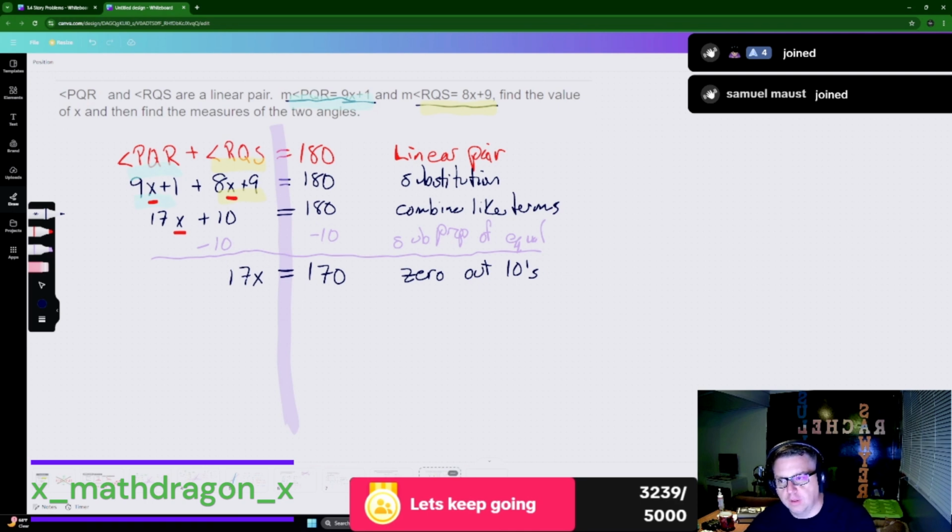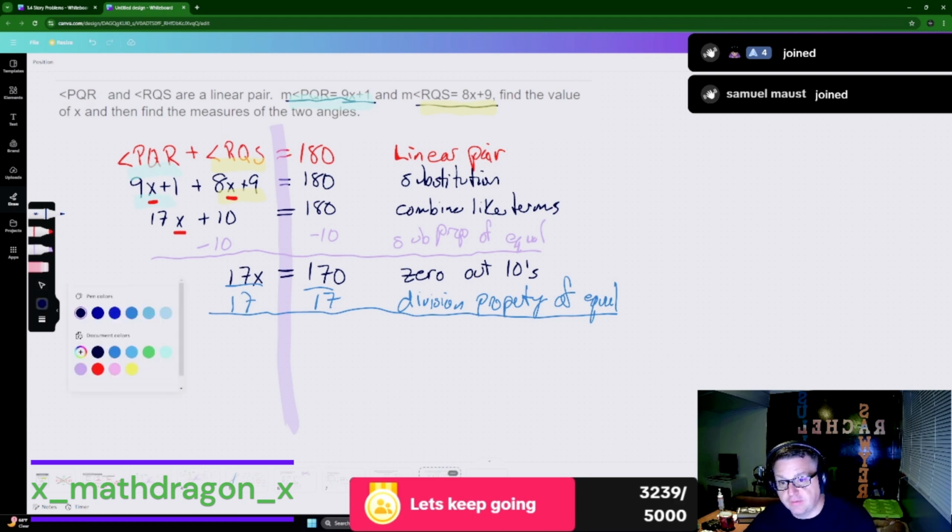Now we want to get rid of the 17. So this time I'm going to divide and use the division property of equality. So I'm going to divide both sides by 17. And we'll write that. And then 17s.